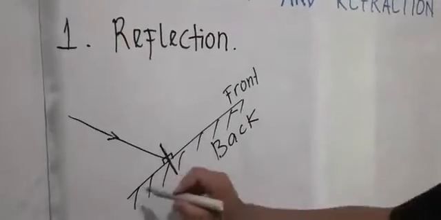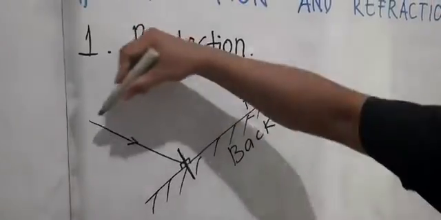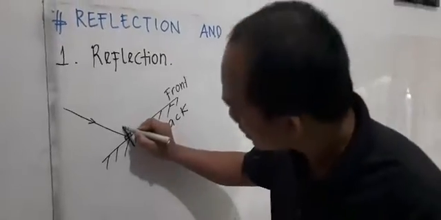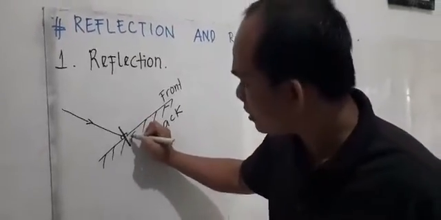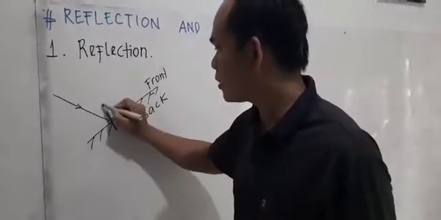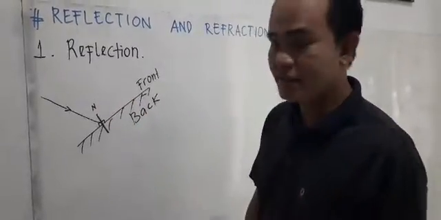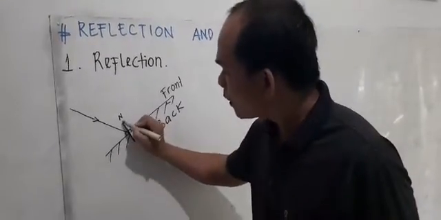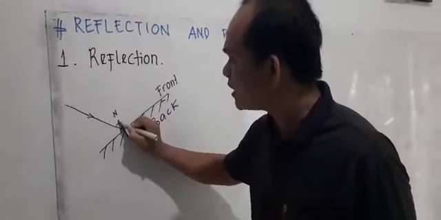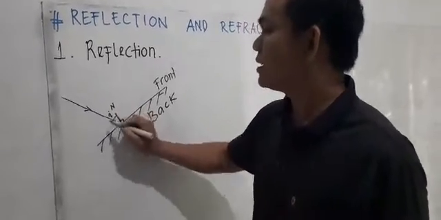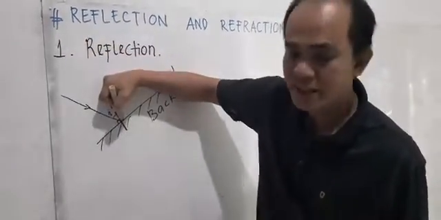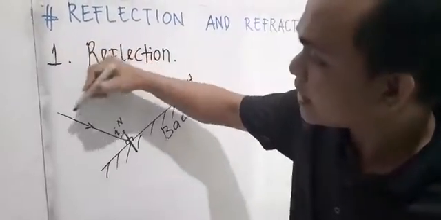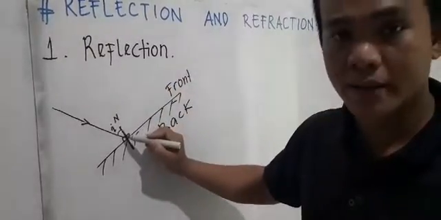We put the letter N here to indicate the normal line, and we will get the angle of incident I, which is the angle between the incident ray and the normal line.